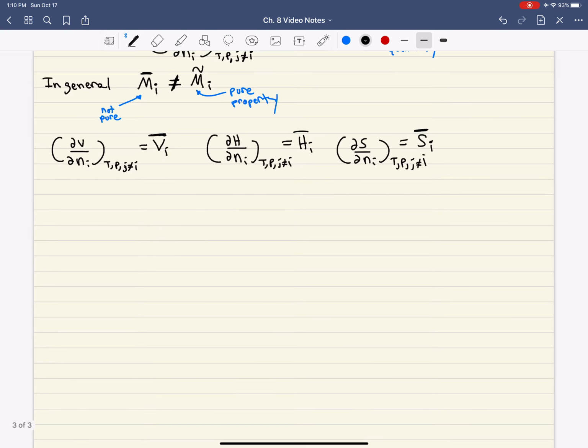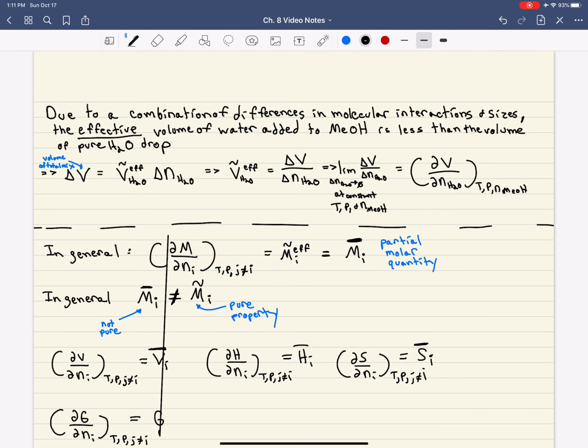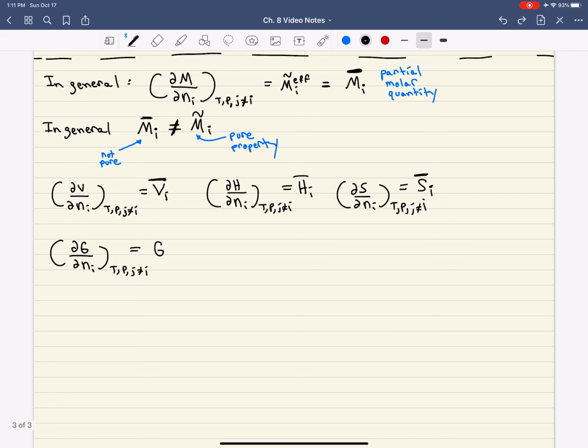The last partial molar quantity I want to write out is the one for Gibbs energy. So you would get a partial molar Gibbs energy. But a lot of times this partial molar Gibbs energy is written as mu i. Okay? And the reason for that, it also has a special name too.